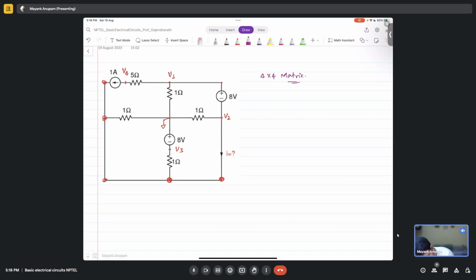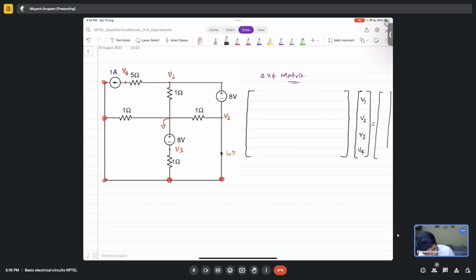Let's try to put in the entries of this 4 cross 4 matrix. It will be big, right? So this is 1, 2, 3, 4.